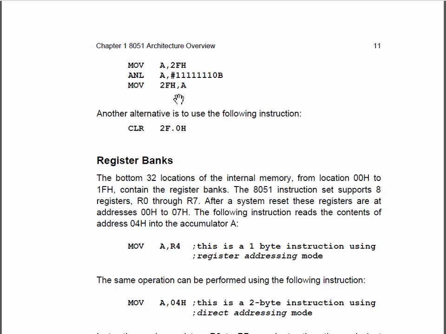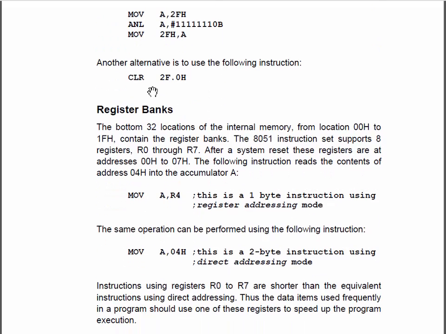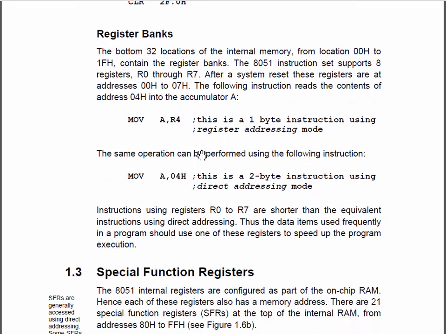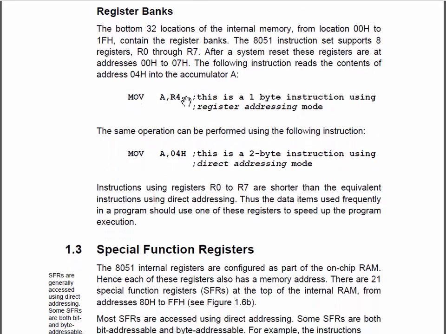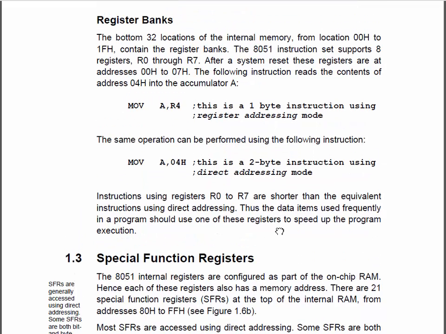The other option is to use 2F.0, which is very similar to the port 1.0 that I used. So register banks, there's 32 locations. We're not going to dwell too much on register banks right now. They are used for a number of purposes. We will have to get into them later.